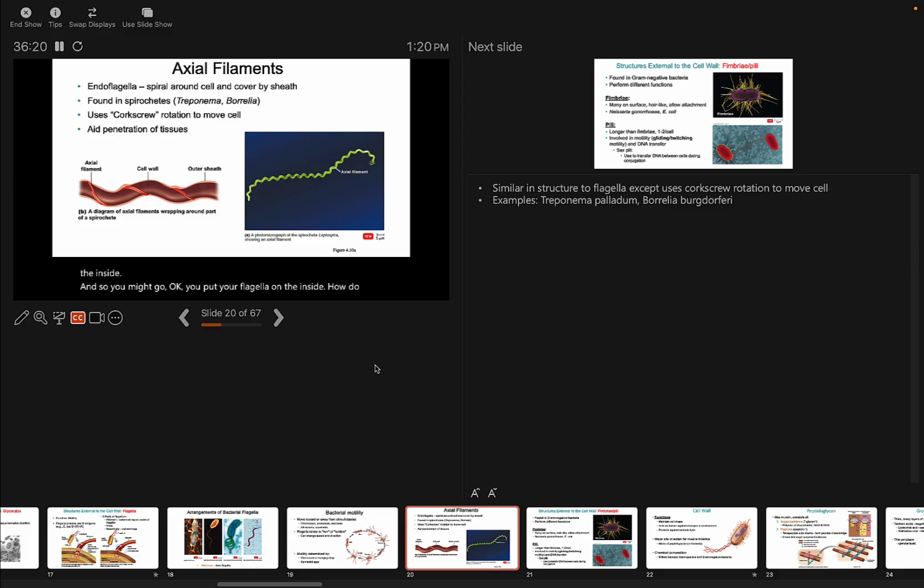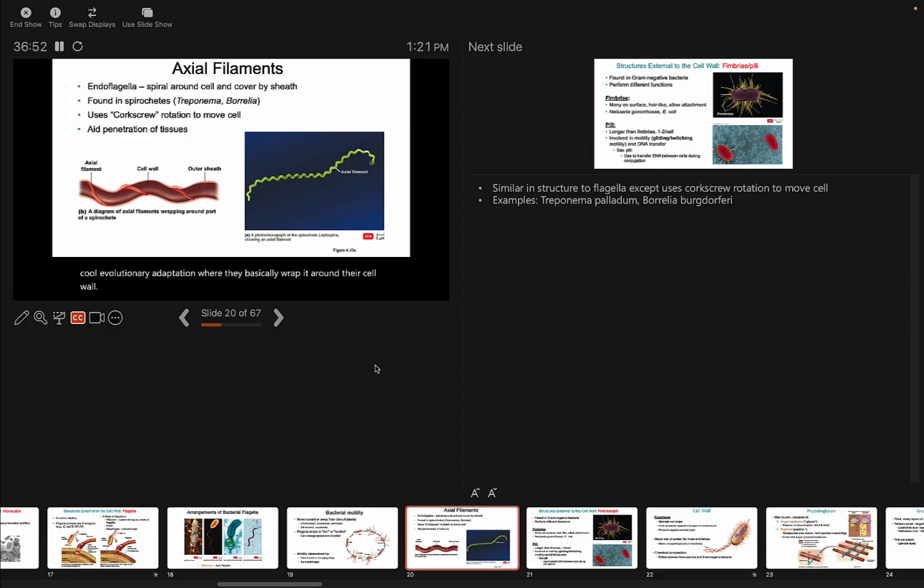That's like, if I had a boat and it had one of those little propellers and I put it inside the boat, how is that going to help me go boating? I'm going to be stuck there with my boat motor on the inside and not doing anything. So how do bacteria move if they keep their flagella on the inside? Well, they have this really cool evolutionary adaptation where they basically wrap it around their cell wall.